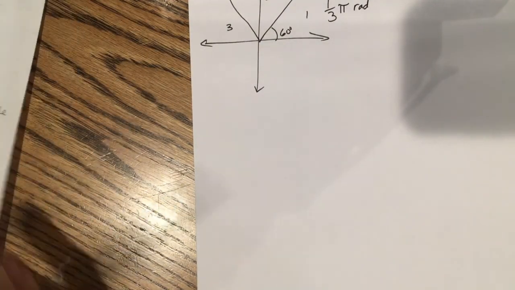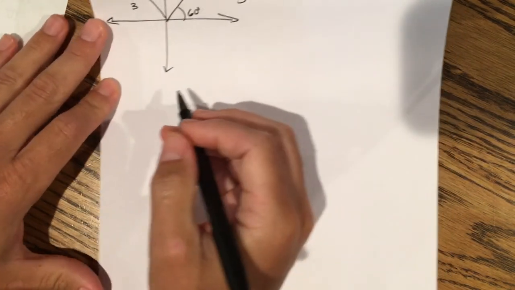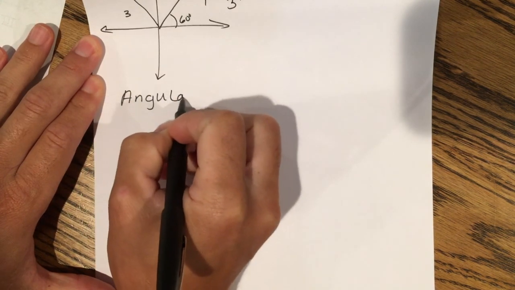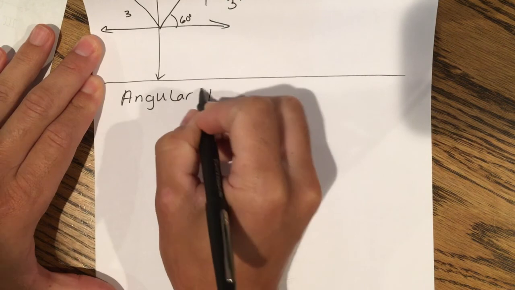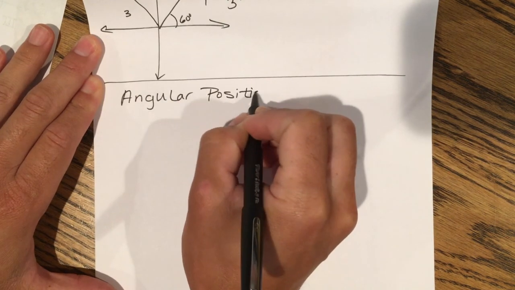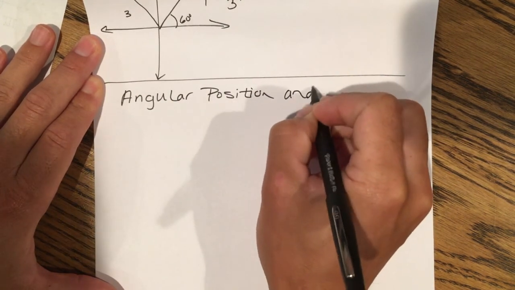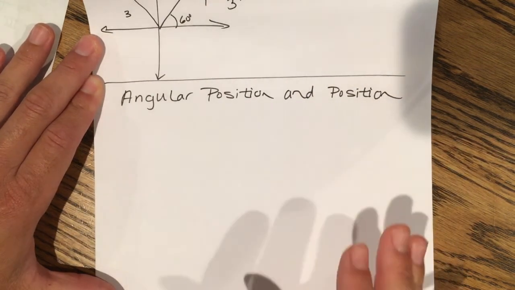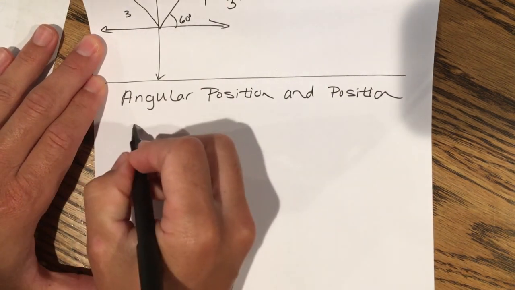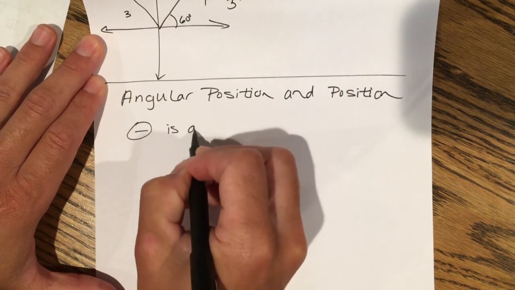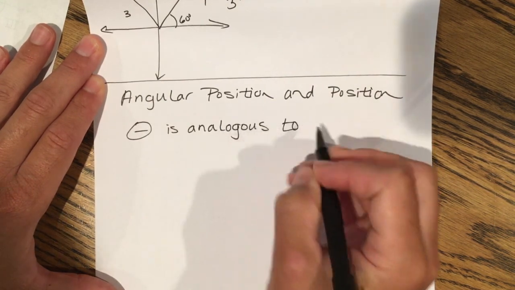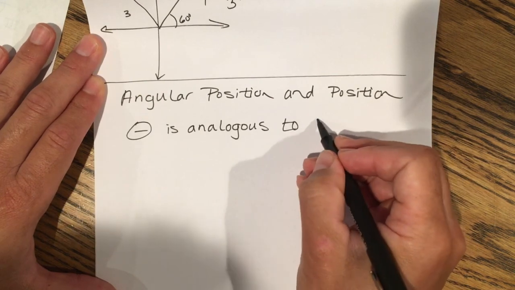Let's move on. So this idea of, apologize for that shadow there. Try and keep this over here. This idea of angular position, and position. You know, they seem very similar, and so they are analogous, right? So we can say that theta is analogous to our variable for position, which is maybe x, right?